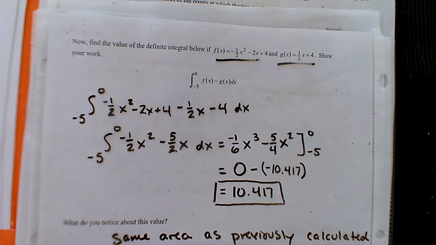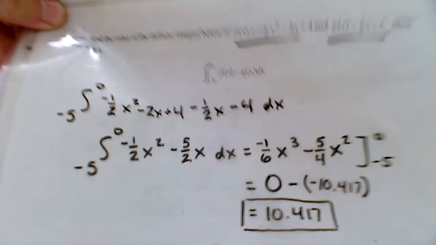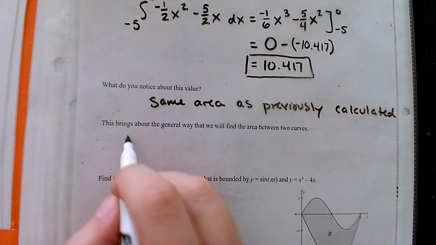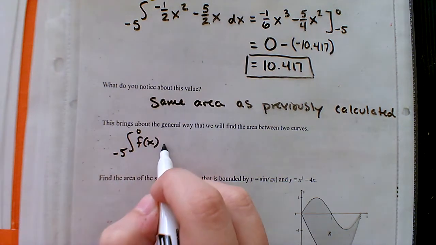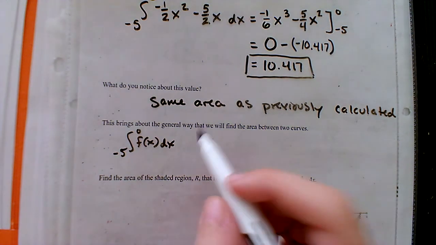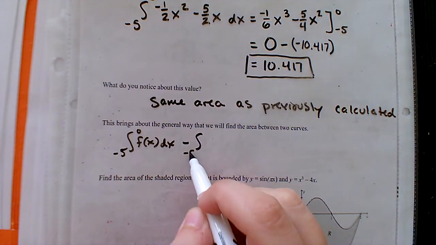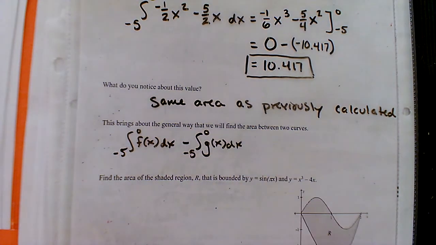I'm not saying one way is better than the other. I'm not saying one way is quicker than the other. I'm just giving you options. Let's make note of this, just in case you like this method better. We could individually calculate the area underneath the f graph, which was the higher parabola graph, and subtract that from the area under the g of x graph, which was the shallower line graph.